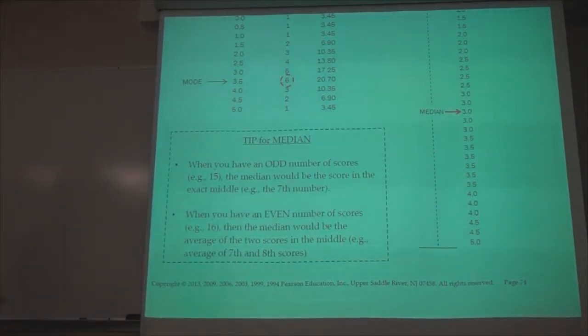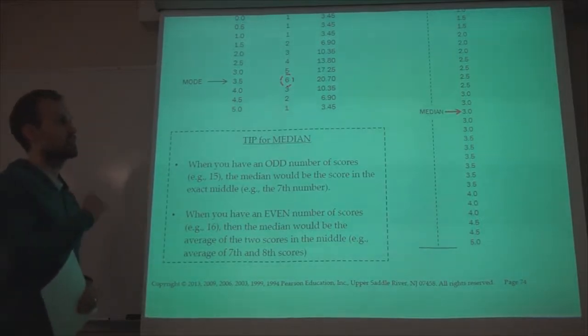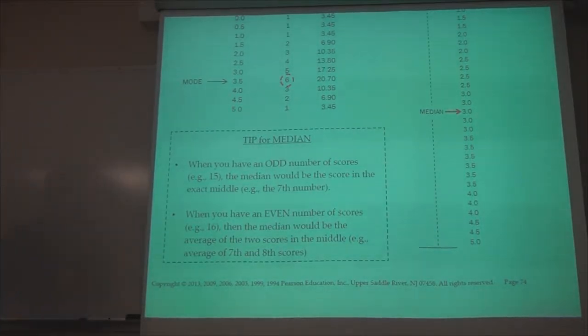When I have an even number, then technically there are two scores in the middle. There isn't a single middle value. If I have an even number, like 16, if I have 16 values, then it's split into 8 and 8, and there's no center value. The center is a gap between two values, the 8th and the 9th value.